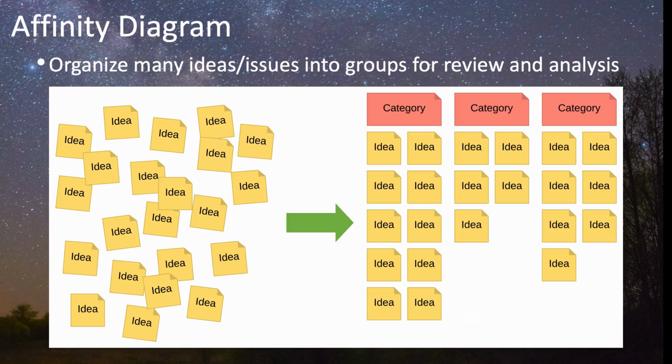Usually you start off with a bunch of completely unorganized ideas and try to figure out which ones are similar to each other, or related, or naturally belong together. You just put those together in groups, and then figure out a good name for each group that best describes the items in that group. And that's where you get your groups or categories from.